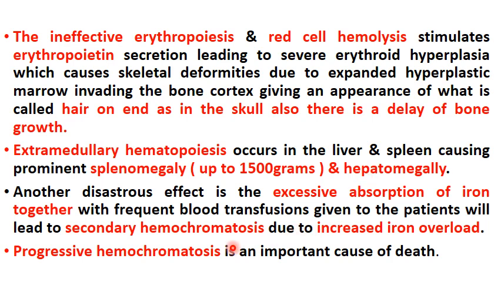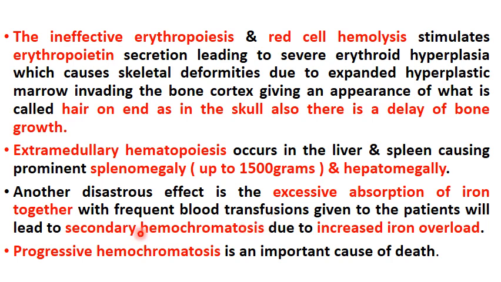The other harmful effect, the other bad thing that happens to the patient, is that excessive hemolysis of red blood cells leads to excessive absorption of iron. In addition to the red cell hemolysis, there is frequent blood transfusion given to the patient in order to increase the level of hemoglobin.